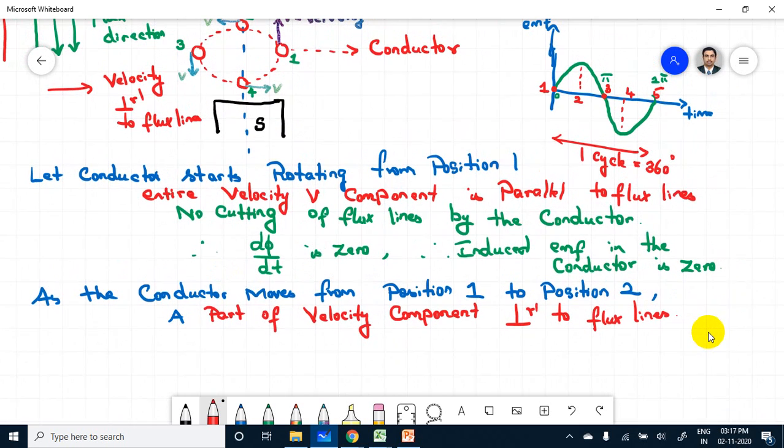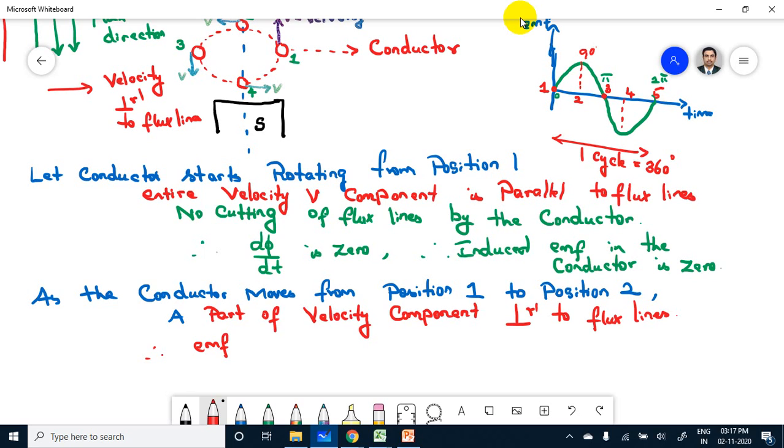Therefore, you see our graph. This is the EMF. It starts moving from 1 to 2 because this is 90 degree, and it starts increasing. This line will be the EMF.